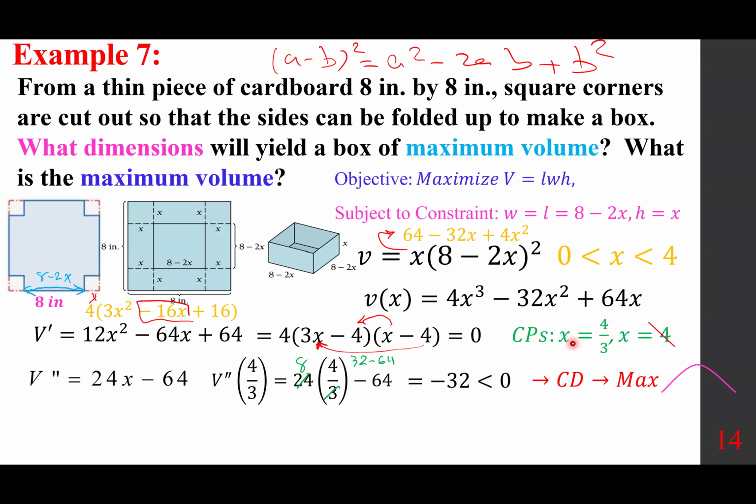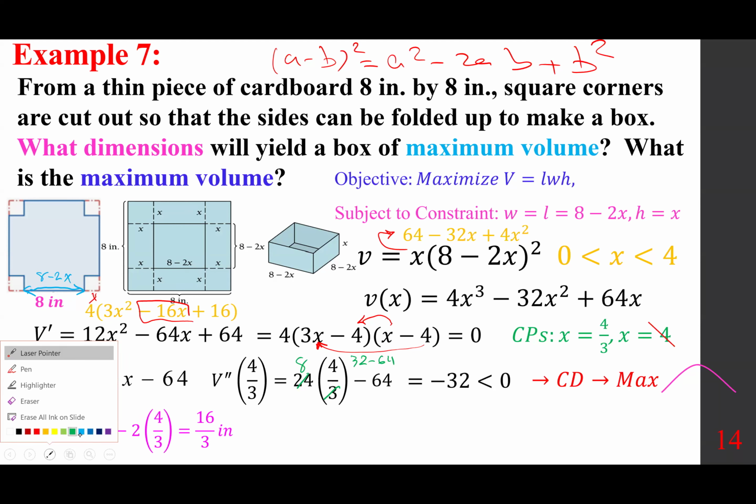4/3. So what is the length or the width? 8 minus 2 times 4/3, which is 8/3. 8 minus 8/3 is 16/3. Class, this is 8 minus 8/3, okay. And 8 is what? 24/3, so 16/3.